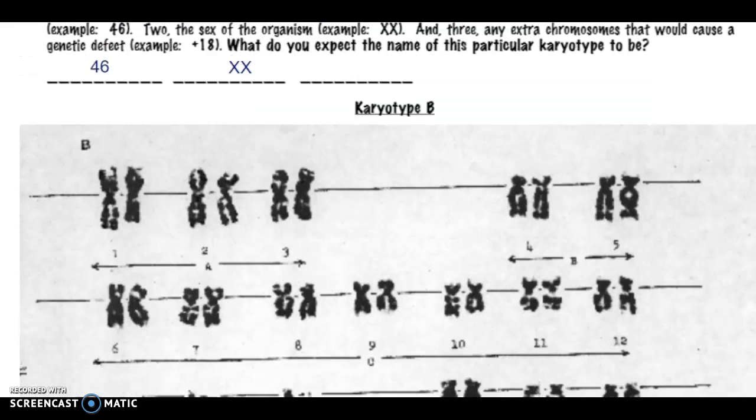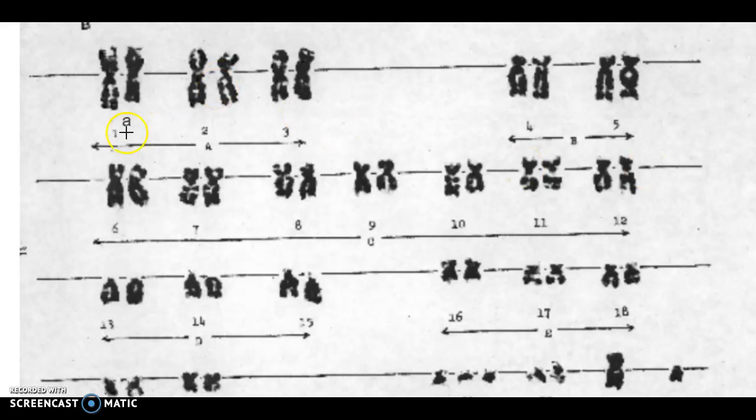Now karyotype B, can we notice a difference here? These are paired up with their sister chromatids. This is maybe from metaphase or late prophase, where they've already replicated and condensed into their little X's. This would be one chromatid, and this would be the copy chromatid of that chromosome from maybe mom, and this chromosome number 1 maybe from dad.